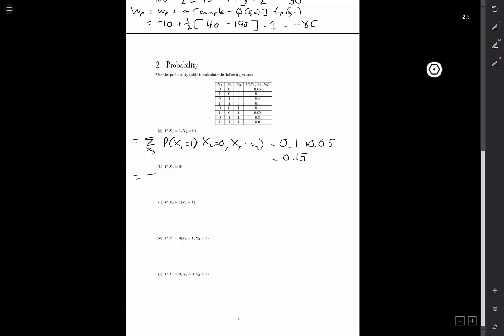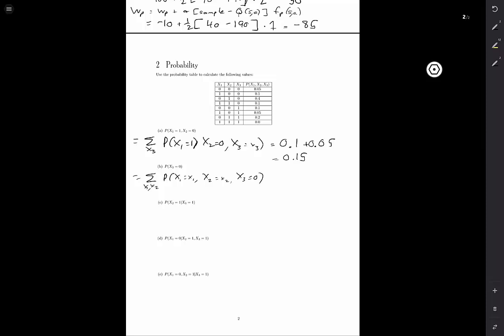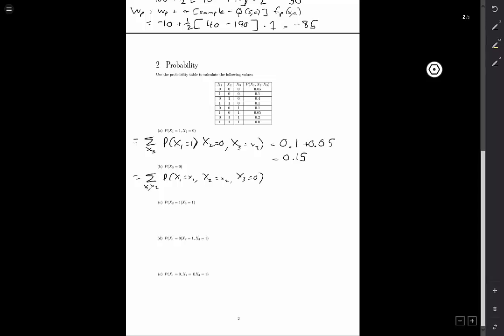So this equals the sum over x1, comma x2, probability of x1 equals x1, comma x2 equals little x2, comma x3 equals 0. So if we sum all the entries that have x3 equals 0, 0.05, 0.1, 0.4, 0.1, this will give us 0.65.